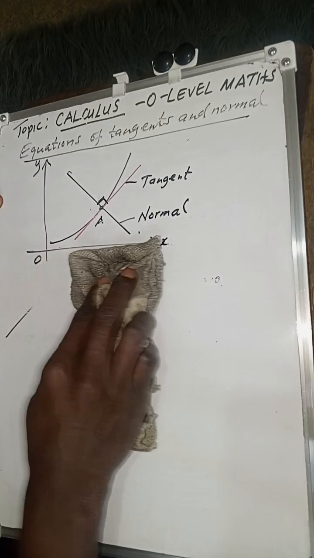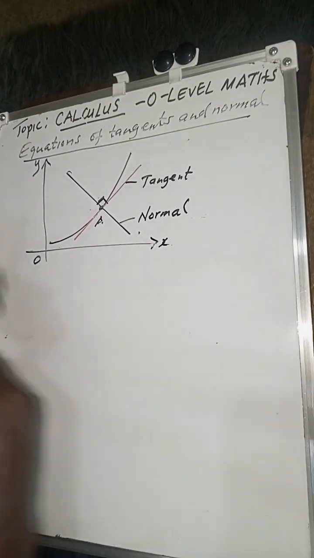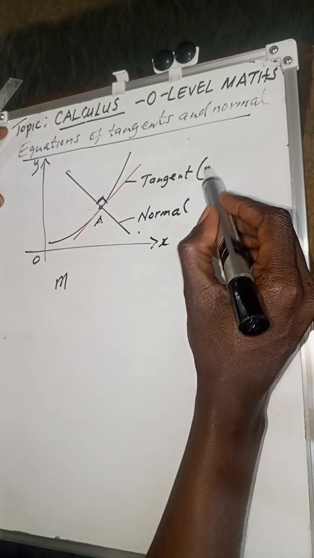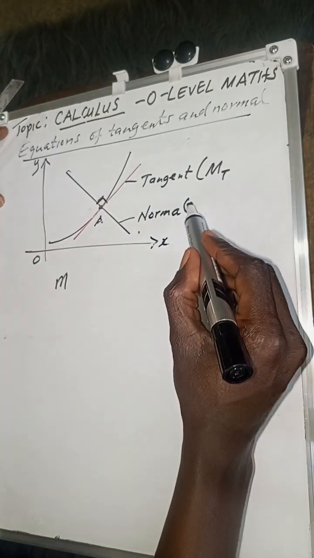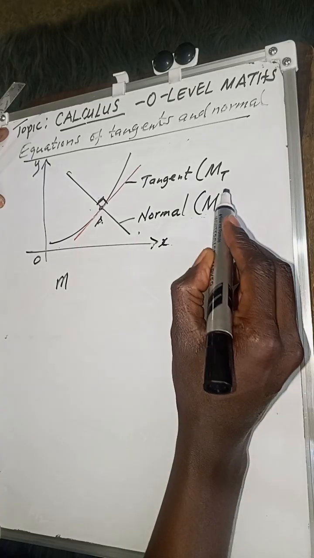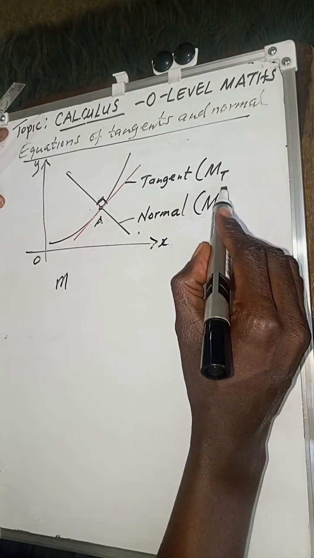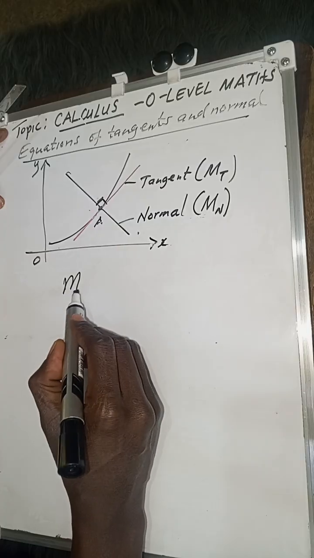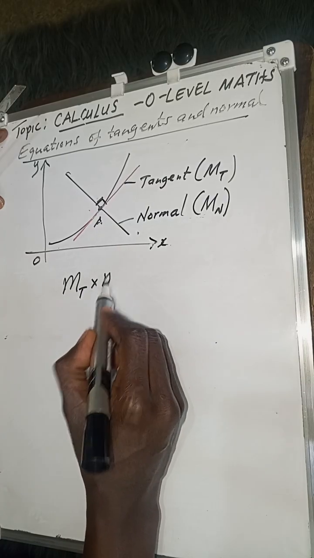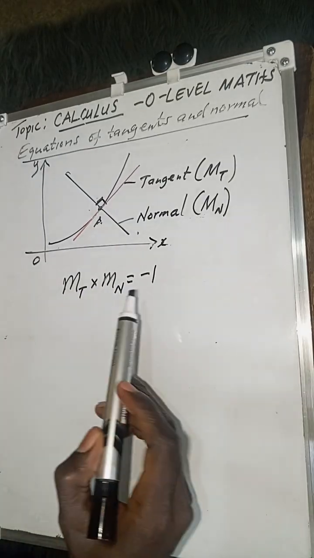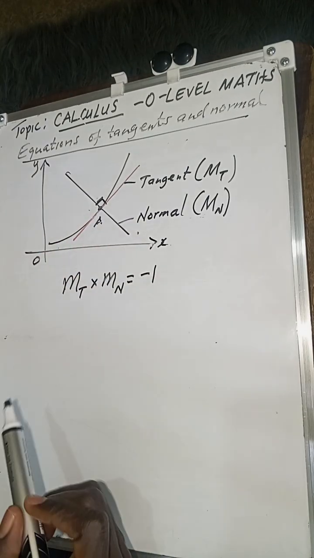So in the case of the normal and the tangent, it follows that, imagine that you have the gradient of the tangent, and let me say the gradient of the normal there. The gradient of the tangent multiplied by the gradient of the normal should be equal to -1. Why? Because they are going to be meeting at right angle.